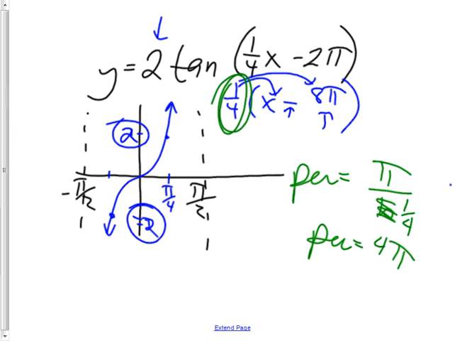Okay. Then the old period from here to here used to be 1 pi. Now it's 4 pi. That means that this used to be half a pi, but now it needs to be 2 pi. This needs to be turned into 2 pi. What are we doing to it to make it turn into 2 pi?